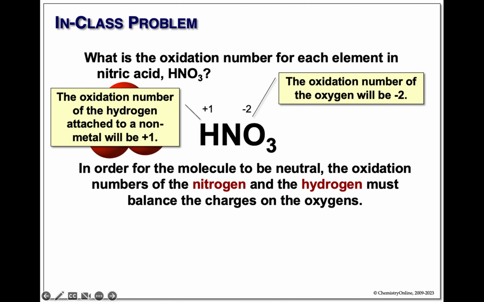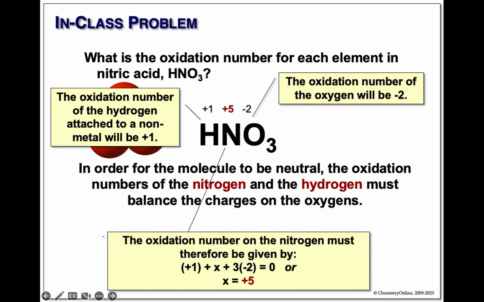The nitrogen sitting here in the middle. We have 6 negatives, 1 positive. To make this neutral, nitrogen must be a +5. 6 positives, 6 negatives. Any questions?